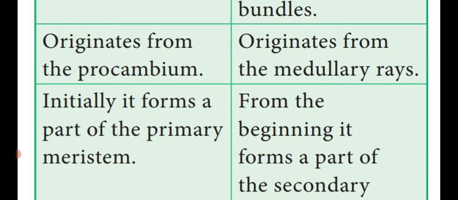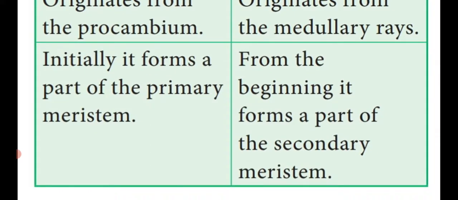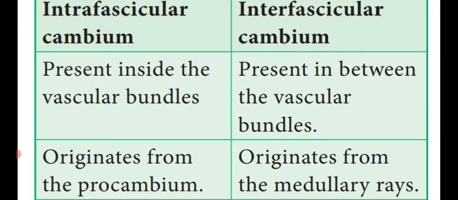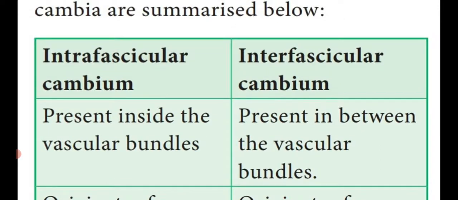That means it is a part of the primary meristem. The interfascicular cambium, initially, is a part of secondary meristem. So these are the differences between intra and interfascicular cambium.